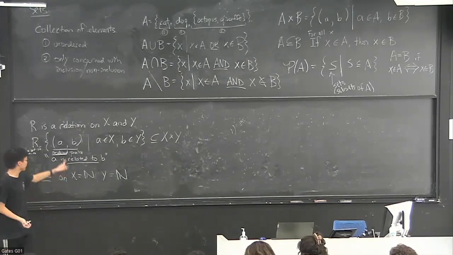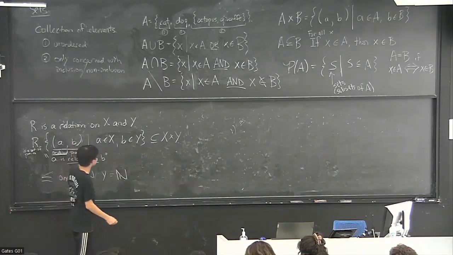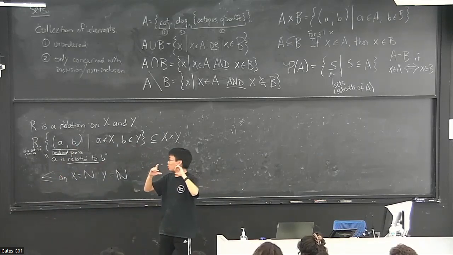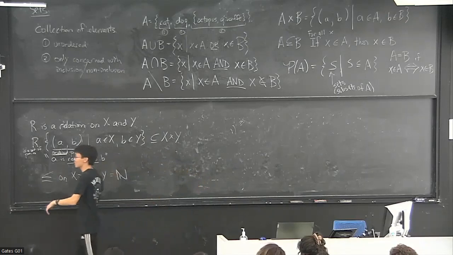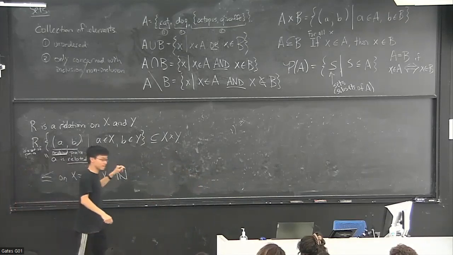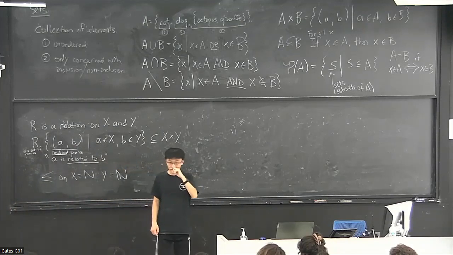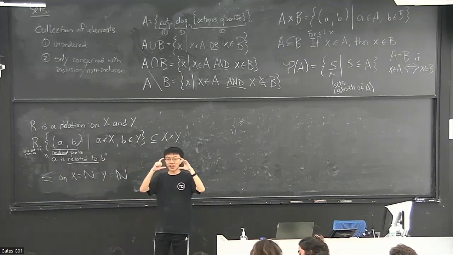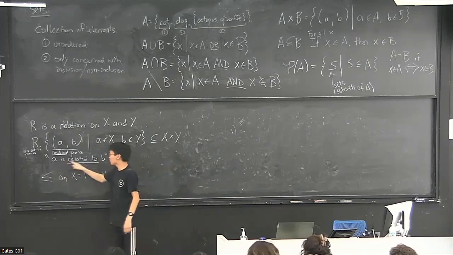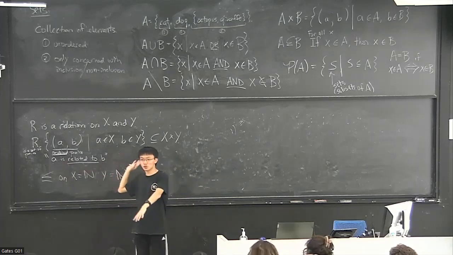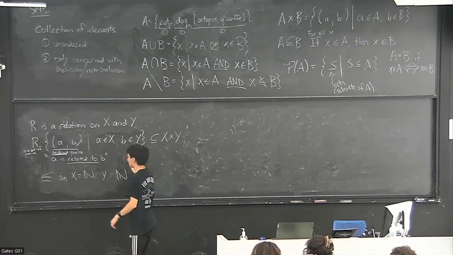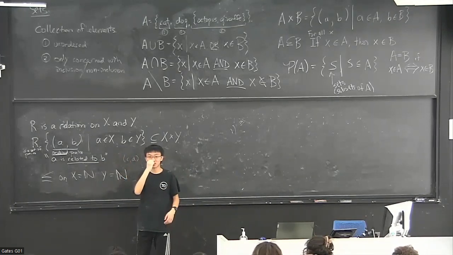The first, A, comes from X. The second thing comes from Y. What pairs are inside the set tell you what it means for A to be related to B. Whichever pairs you include inside here mean that A is related to B, and whichever pairs you exclude, let's say you have a CD which is not inside, that means C is not related to D.